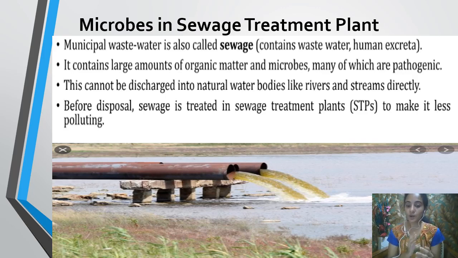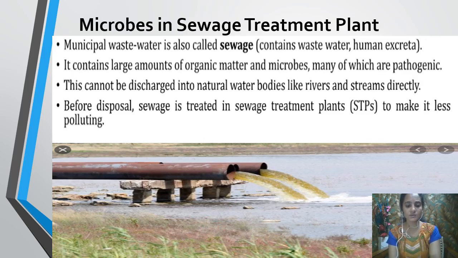If you are not treating this sewage and directly pumping it into any of the river bodies... can you see the picture given here? It shows sewage water that has not been treated being directly pumped into the river, into water bodies.